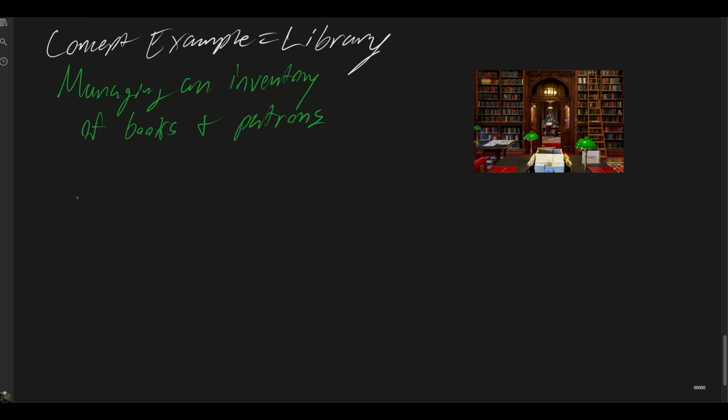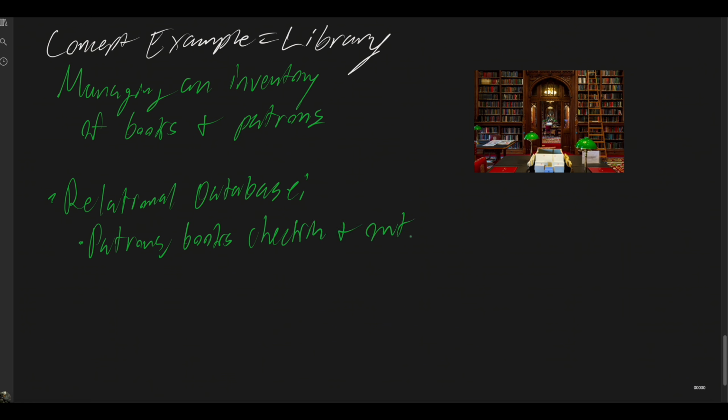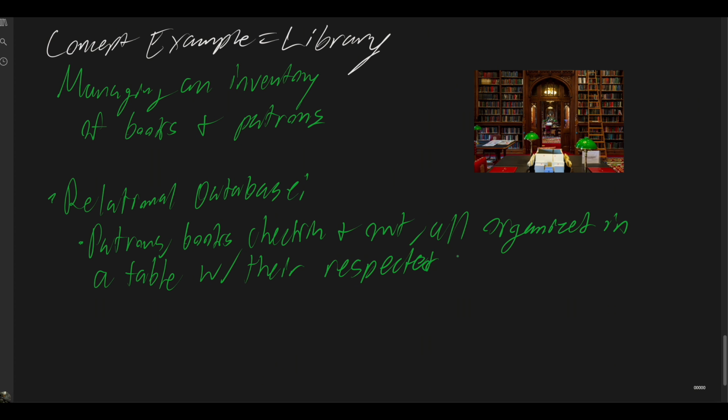In the relational database, we will see patrons, books, checked in and out, all organized in a table with their respective IDs.